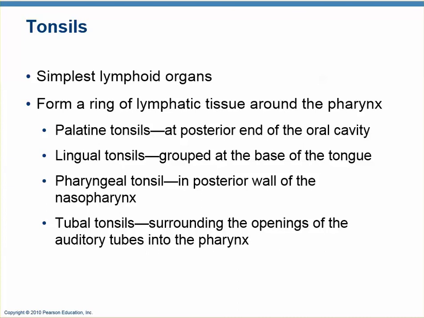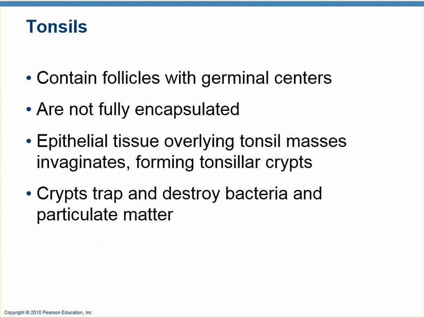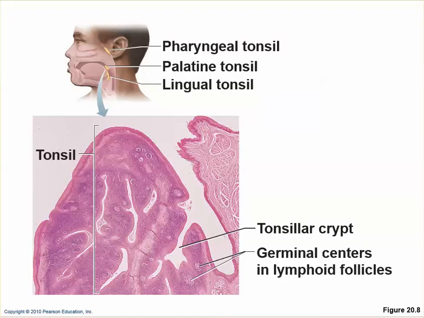They're checking things before they enter the body. There's all kinds of crypts. There are basically traps that trap particles of whatever's passing by, and it gets sampled here, so that we end up looking like this, that there's crypts that trap particles.